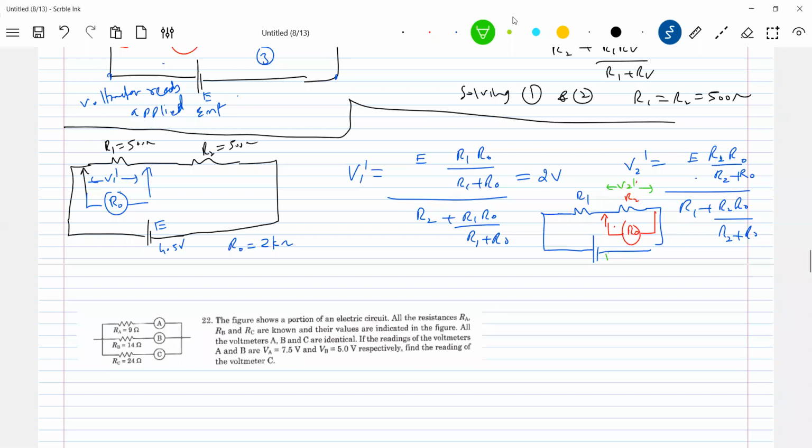Okay, so the idea is the same. Wherever the voltmeter is there, replace it with its internal resistance and get into the problem.